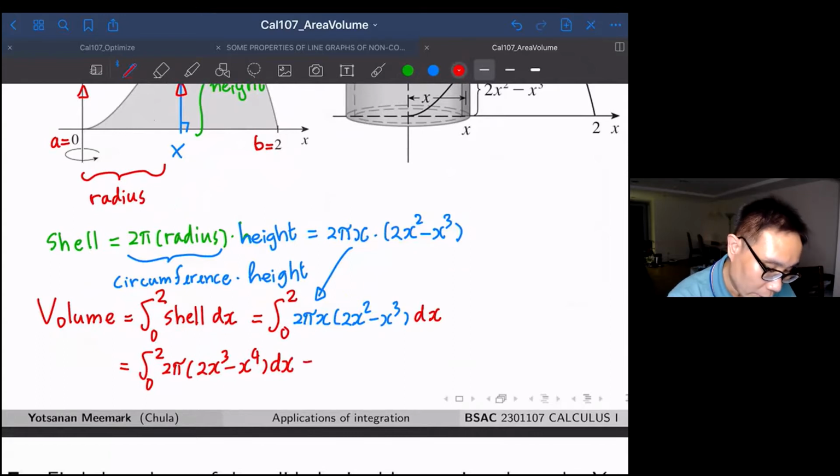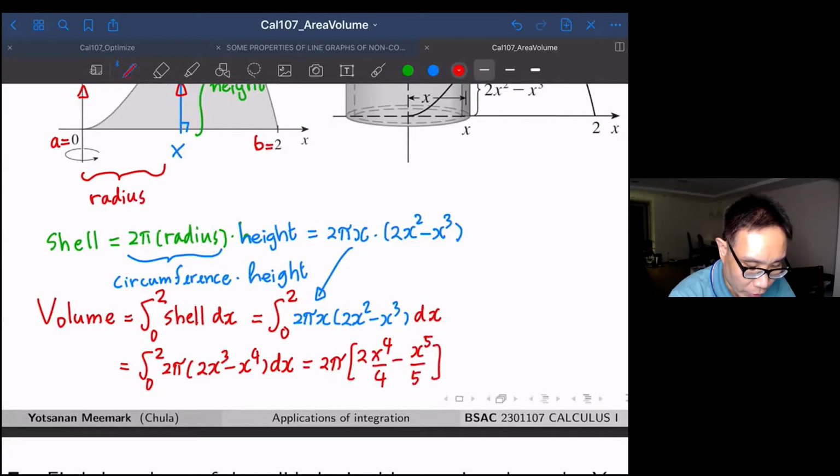So this one will be 2 pi outside, and you're going to integrate 2x cubed. So it's going to be 2x to the fourth over 4, subtract x to the fifth over 5, from 0 to 2. You evaluate at x equal to 2 and x equal to 0, and subtract them. So it's going to be 2 pi, and it's going to be 2 to the fourth over 4. So the 4 cancels.